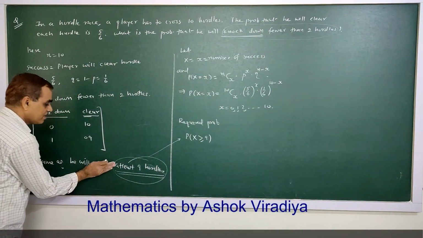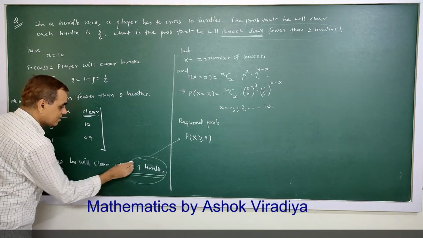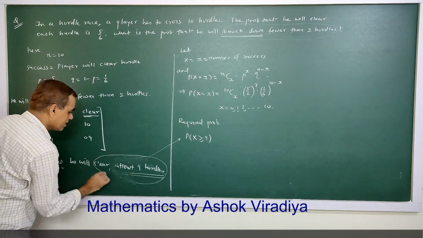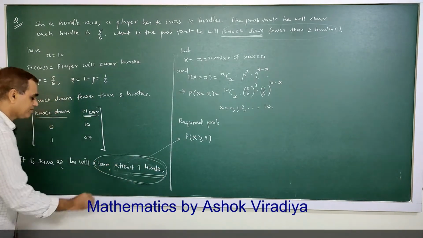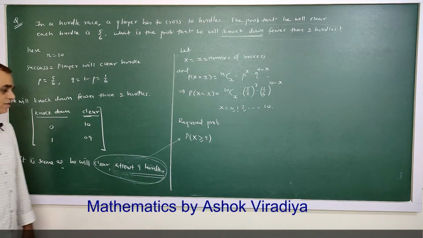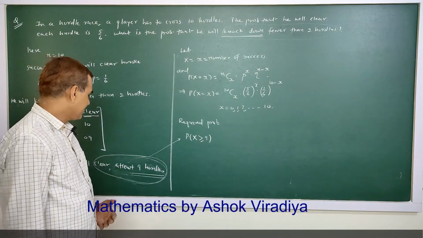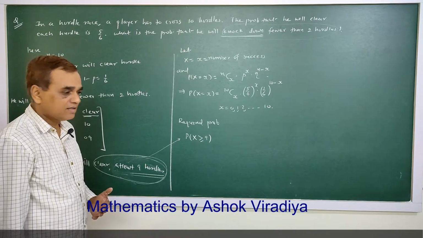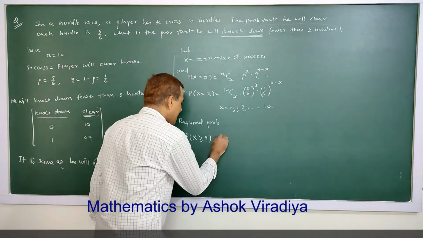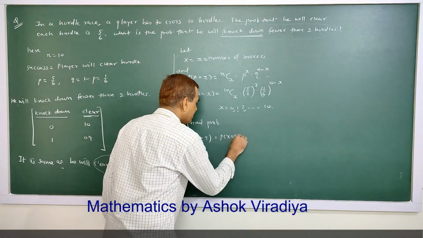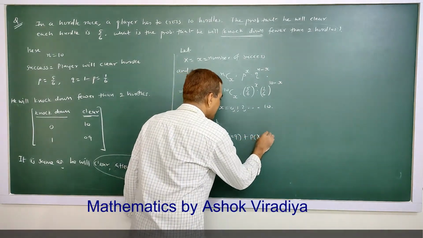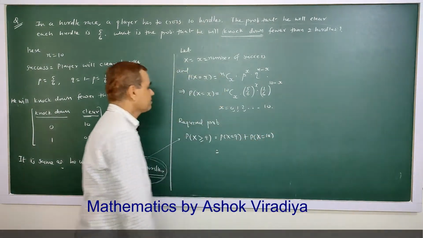He will clear at least 9 hurdles, clearing 9 hurdles, so 9 or more than 9. At least 9. So that is probability that he clears 9 hurdles or he clears 10 hurdles.